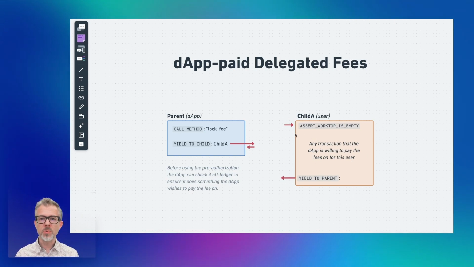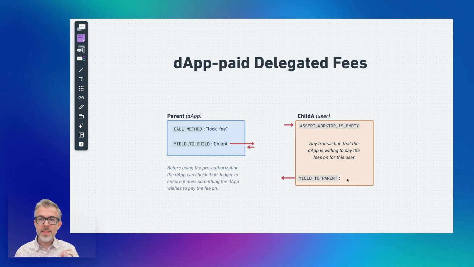But what you do is there's an assert worktop is empty command you put at the front, which basically means nothing's being passed into this. And then you've got a yield to parent, which doesn't yield anything back. It basically seals this subintent off. You're not passing any buckets in and out of it. And so the user knows exactly what's going to happen. They can look at that subintent and we can show it to them just like a regular transaction.